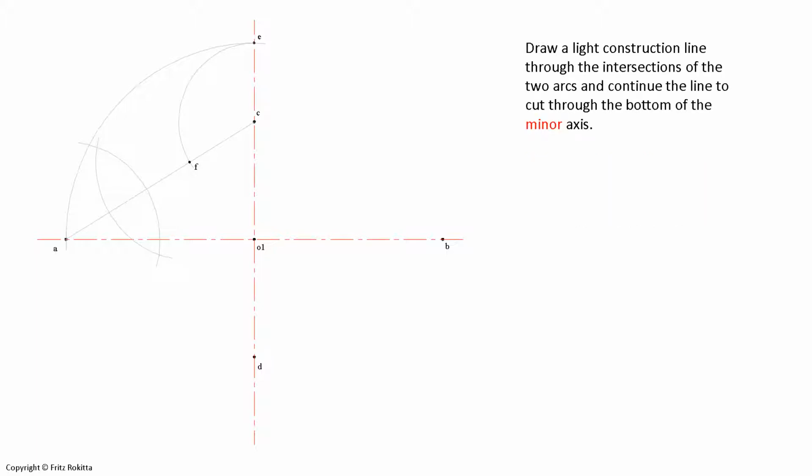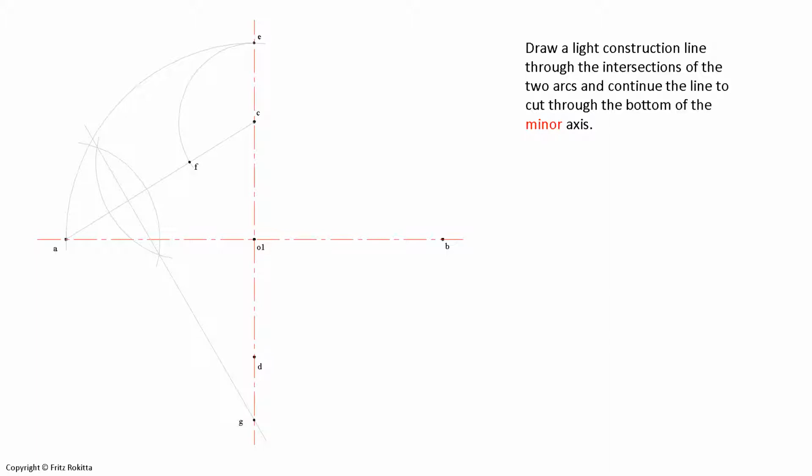We will now make use of our ruler, and at the two intersections of the two arcs we created in the first step, we are now going to take the ruler and line it with those two intersections and draw a light construction line through the intersections and extend it all the way to the bottom of the minor axis as indicated here. And then we will label the intersection of that construction line with the minor axis as point G.